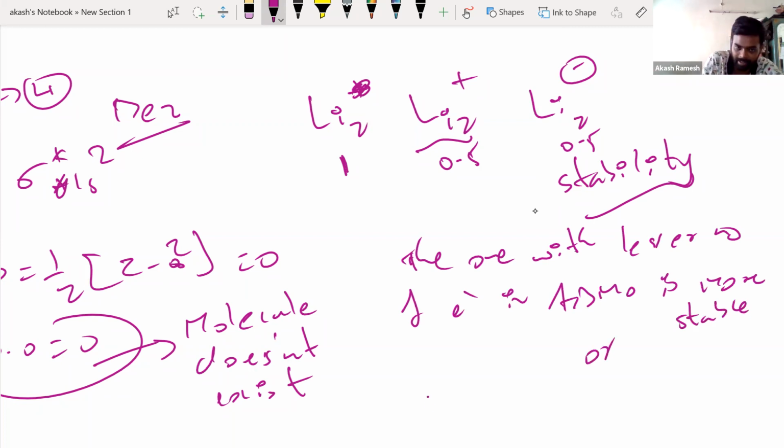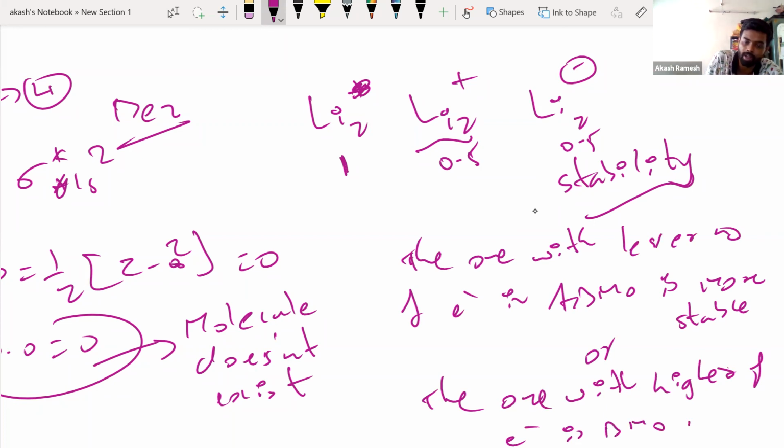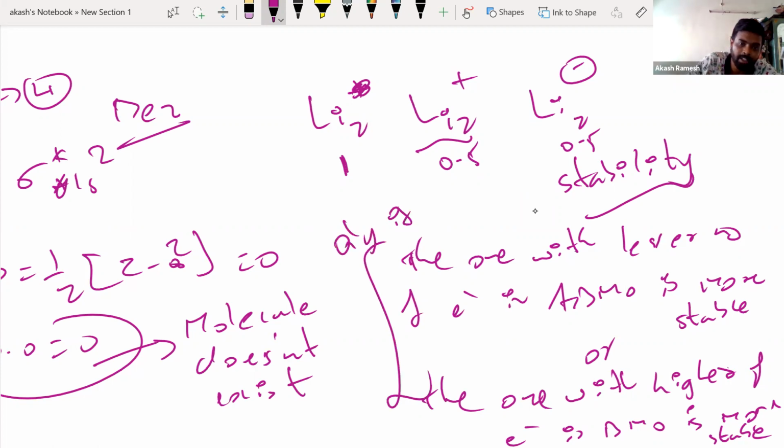Or I can say it like this: the one with a higher number of electrons in BMO is more stable. So there are two ways of looking at it. This applies only if the bond order is the same. If the bond order is different, obviously the one with the higher bond order has higher stability.